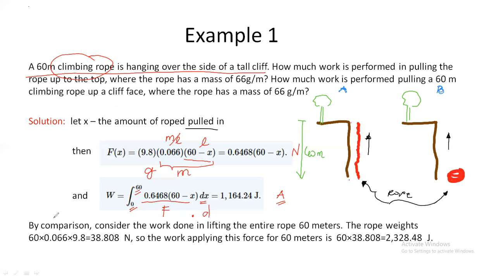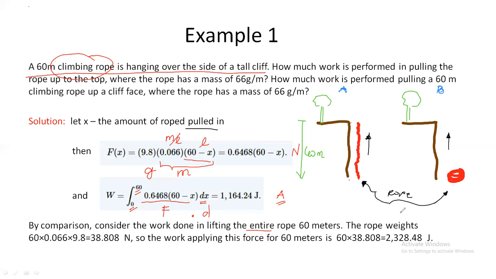So by comparison, consider the work done in lifting the entire rope, which is 60 meters long. So it's rolled, and you are to lift it on the top of the cliff, or you have to transfer it from the bottom part of the cliff to the top portion of the cliff.